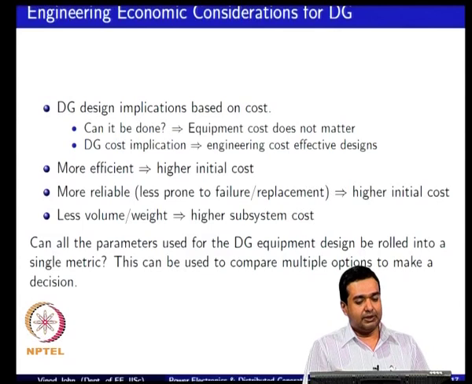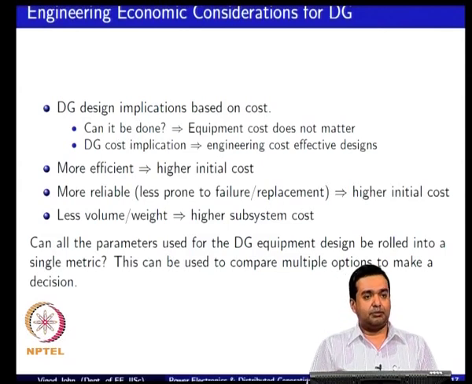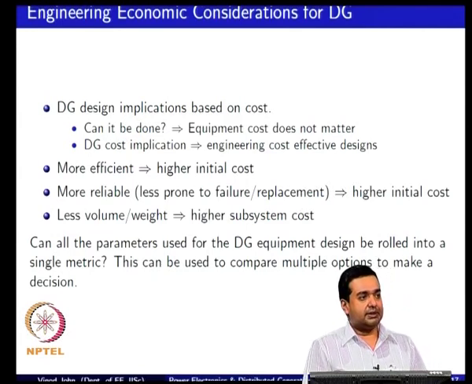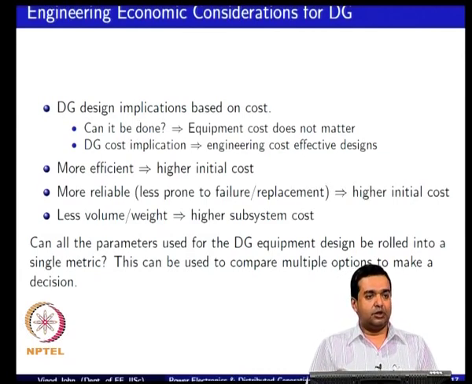And you can see that you make a purchase decision based on, say, initial cost, but if you forget about efficiency or reliability or what the size or weight is, then you are not actually taking in the overall picture.